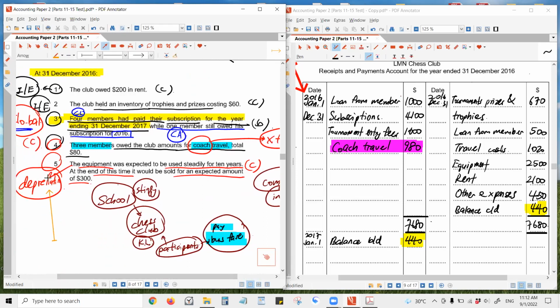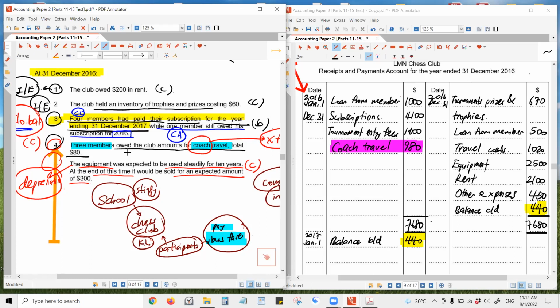Let me draw an arrow. They say 3 members owe the club amounts for coach travel, total $80. Okay, there are still a total of 3 members who owe the club for this coach travel. Total is 80.